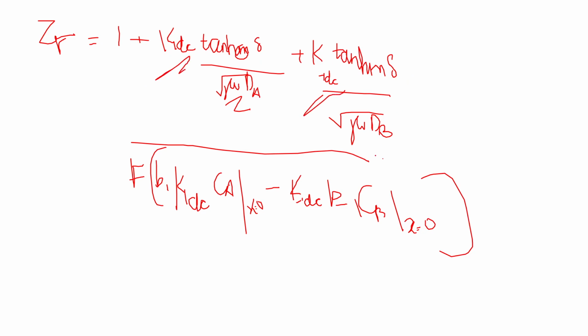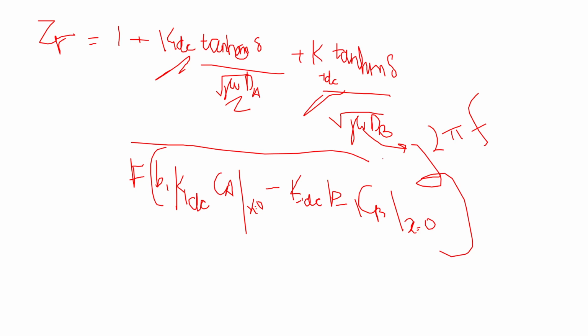Then the omega value: frequency is given as 100, so omega will be 2πf. So f value is 100, and that will give the omega value. dA and dB are known. K1 dc, k minus 1 dc: here it is told that E dc equal to 0, so k1 dc and k minus 1 dc will correspond to k1 0 and k minus 1 0.